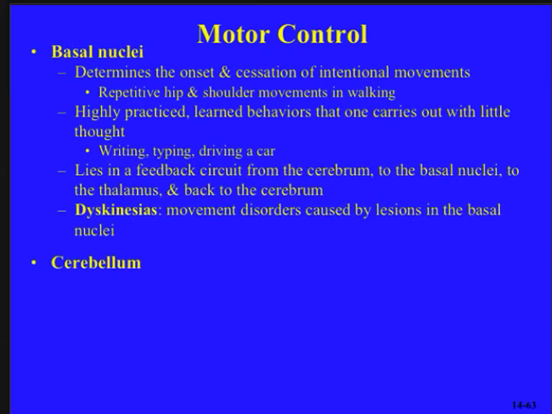If we want to get a working idea of what we mean by dyskinesia, it'd be characterized by abnormal difficulty initiating movement, such as rising from a chair or beginning to walk. Examples might be a slow shuffling walk. You see these kinds of problems in individuals with Parkinson's disease, in which the substantia nigra in the basal nuclei begins to malfunction, begins to die.